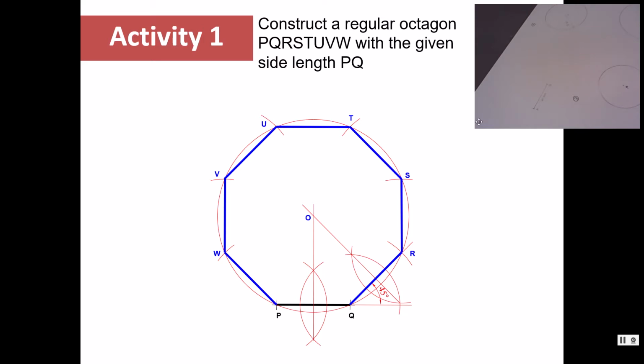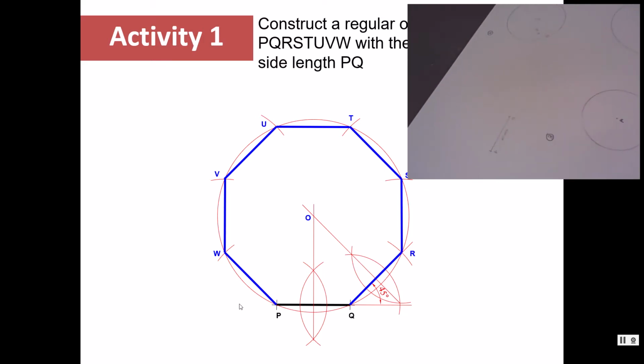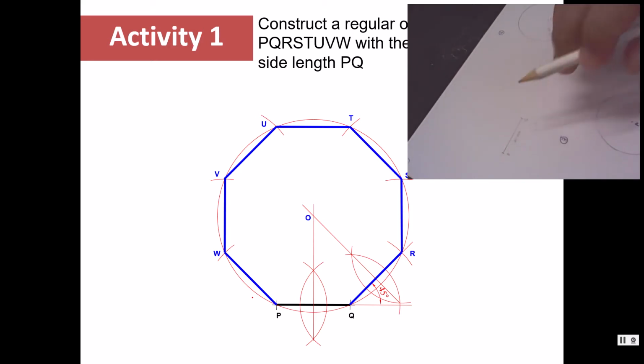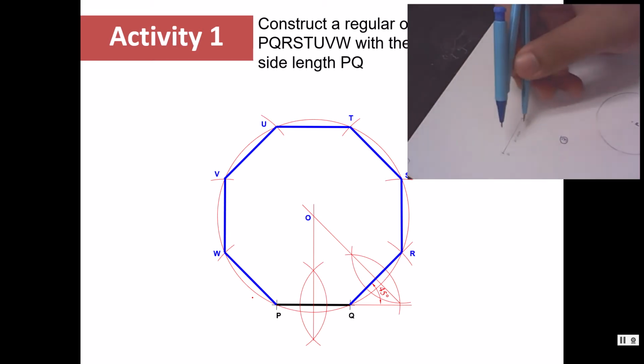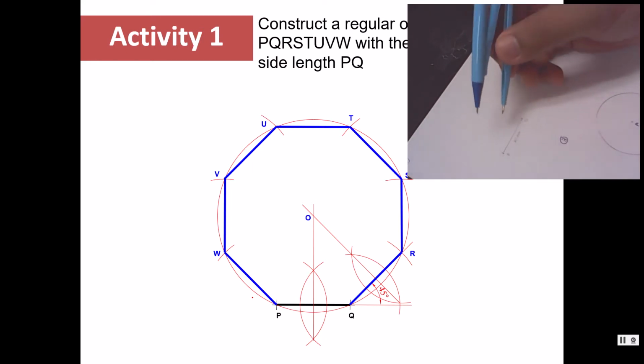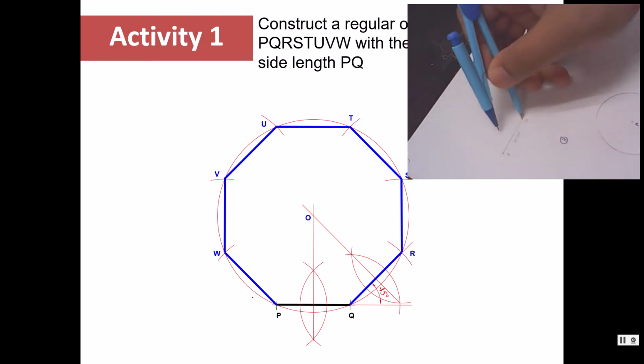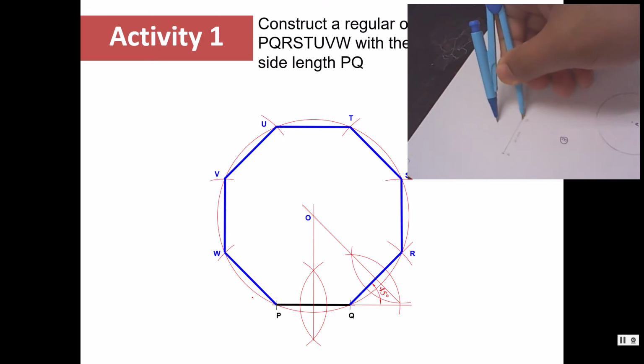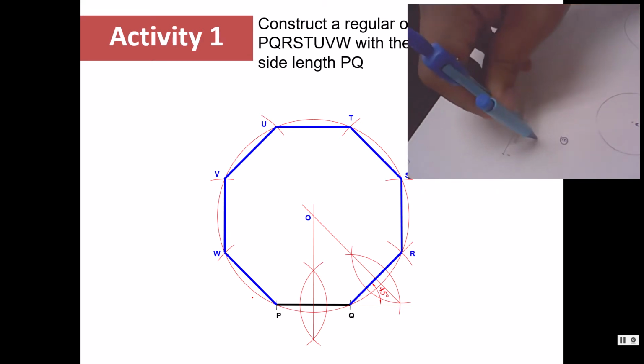So let's just do it together. I'm just going to show you through my webcam here. I already have a line of 30 mm here. The first thing that you need to do is to find the midpoint between P and Q. The distance of the compass is up to you, as long as we can find the midpoint and it's consistent.